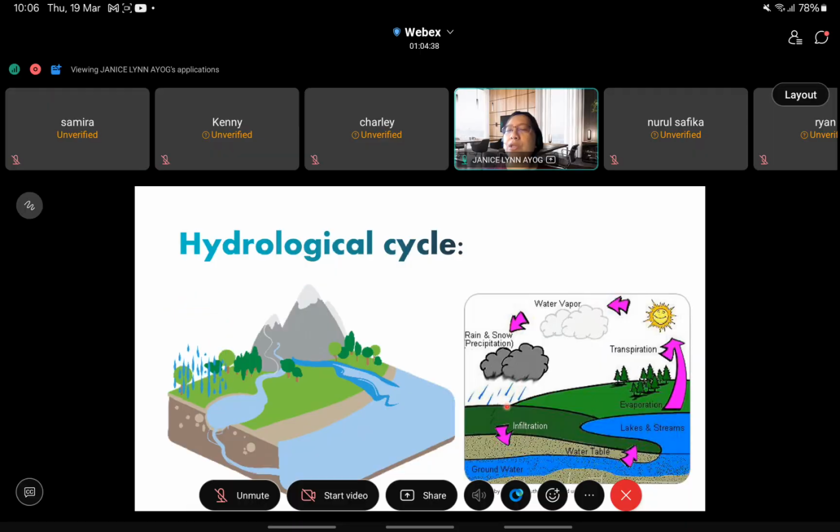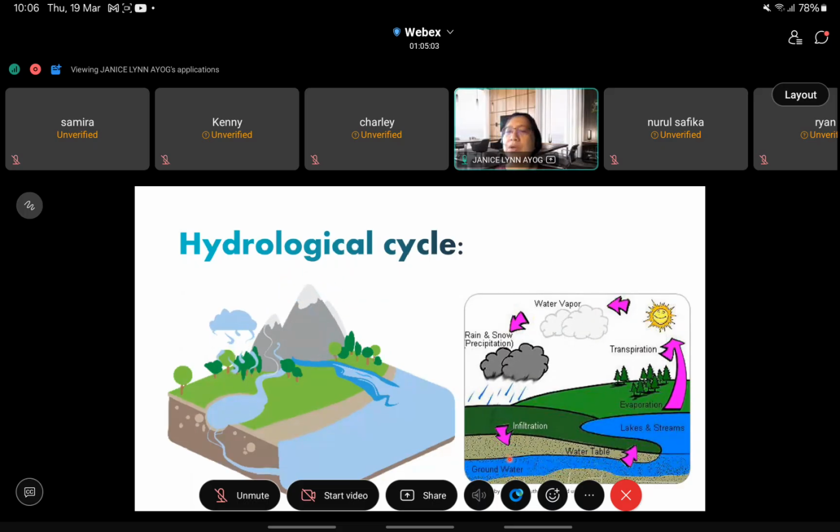But there is also water that penetrates through the ground, and then we will have the infiltration. If it goes further down, it will reach aquifers or groundwater. From the groundwater, it goes back to the lakes and streams.